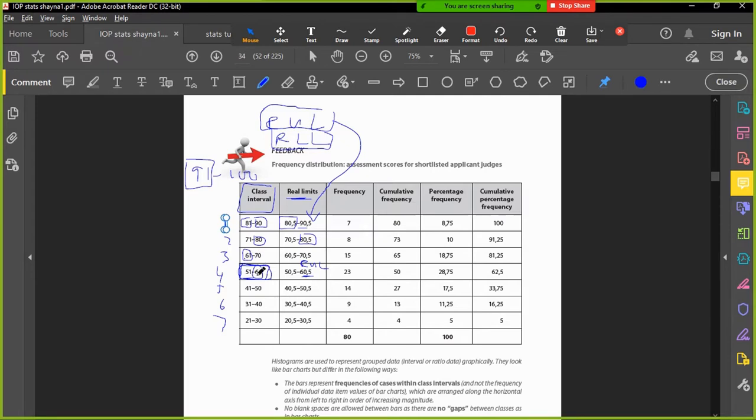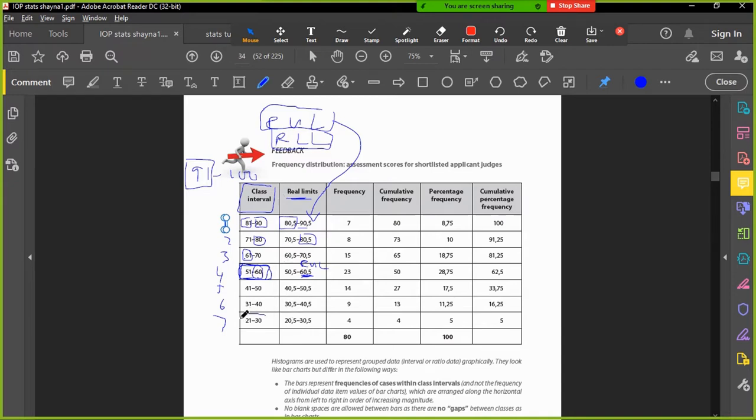So 61 plus 60 is 121. 121 divided by 2 is 60.5. Do you agree? So it's the lower limit of the previous one and the upper limit of the actual one. It just depends on what class you're looking at.